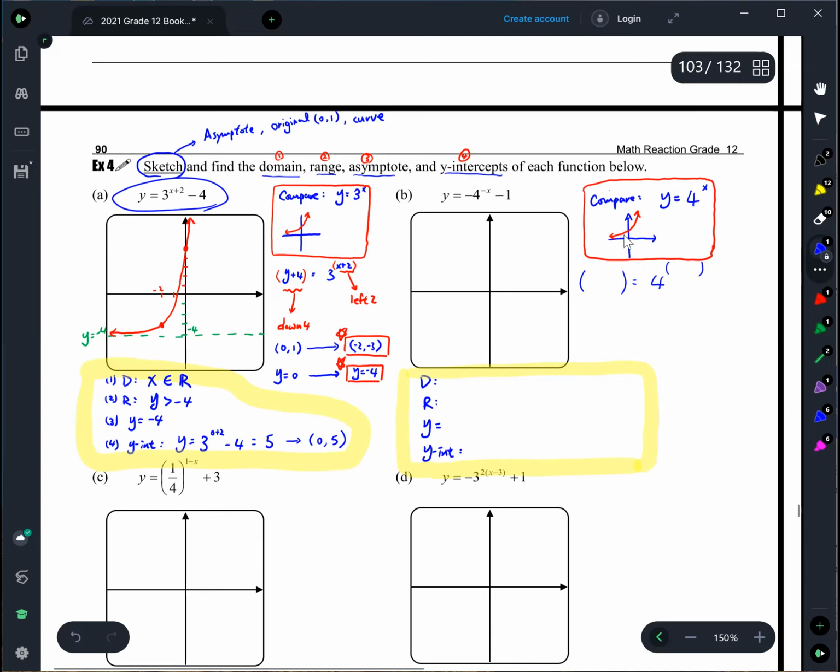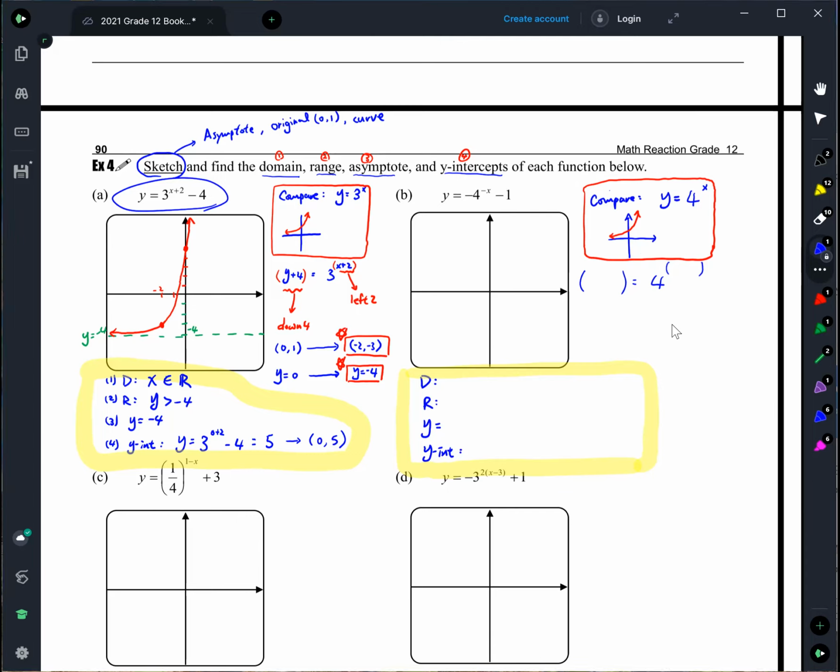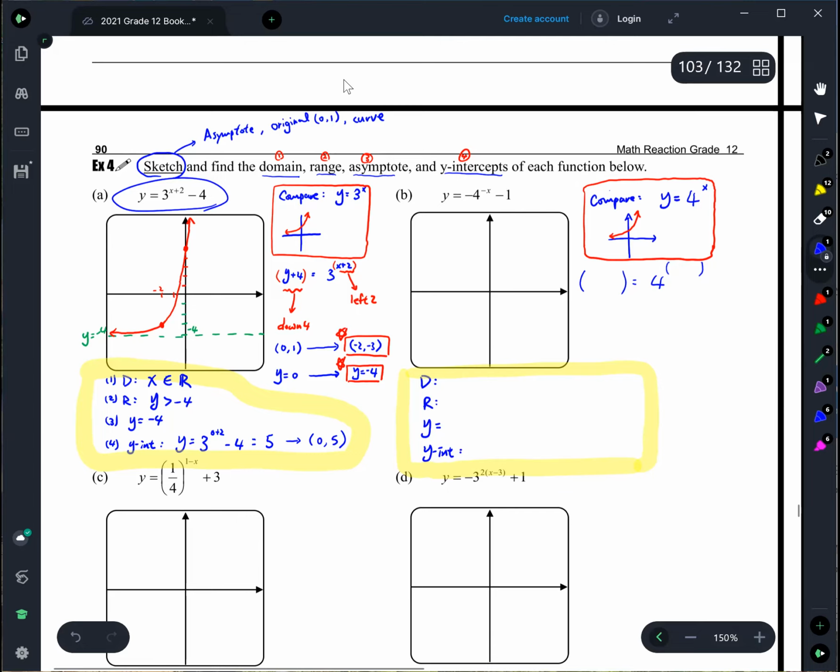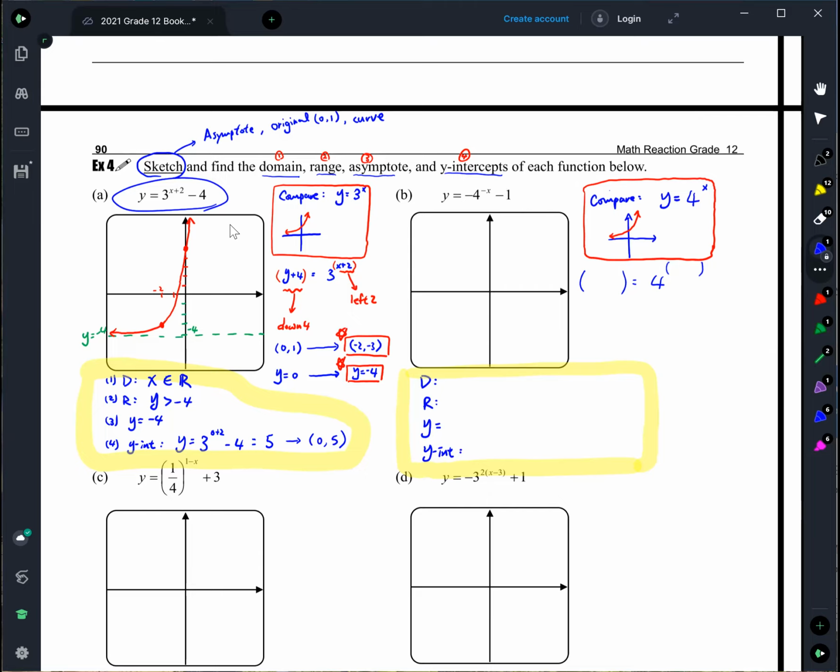Did you change it to story form yet? Which parts are movable to the y side? Could you move the 4 to the negative x, the exponent? That one has to stay there. Well, then you can't move anything, right? Yes, you can. There are actually two things you can move here. Oh wait, the +1 and the negative. Yes, okay.